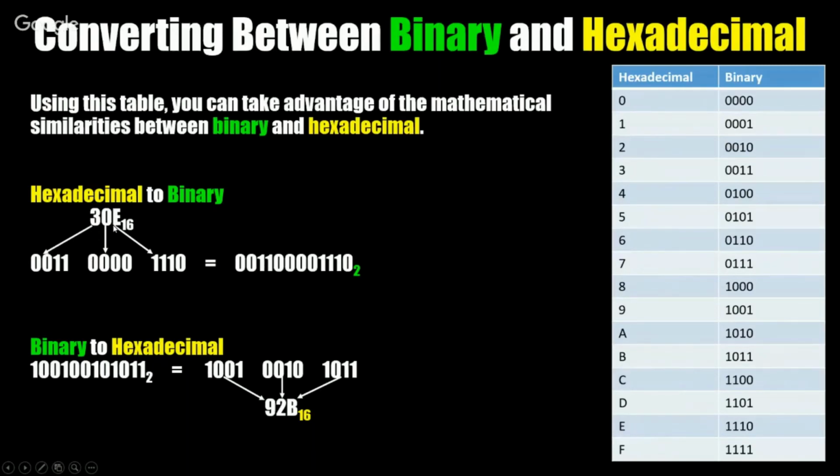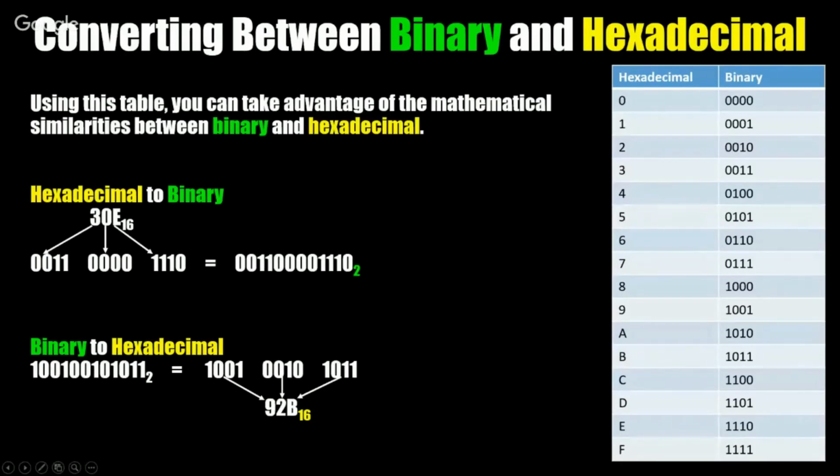Again, we look at E. E is 1110, so we replace the hexadecimal E with 1110. Taking those three numbers in order, we have that 30E in hexadecimal is equal to 001100001110 in base 2, or binary.